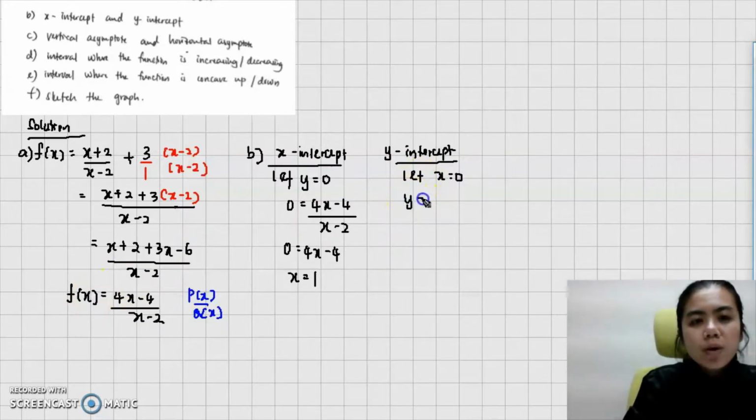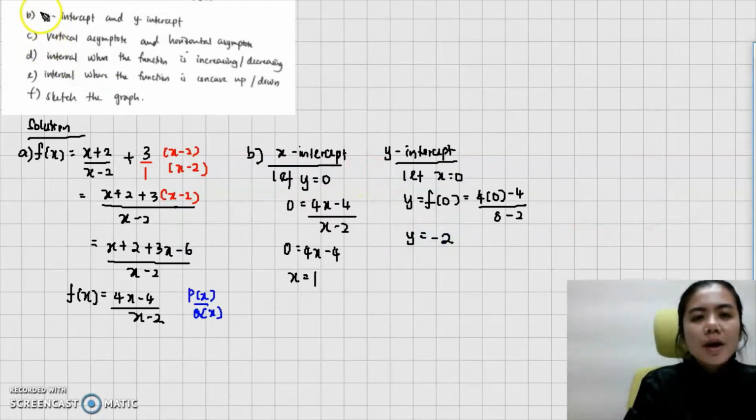So y equals f of 0, that is 4 times 0 minus 4 over 0 minus 2, so you end up with y equal to minus 2. Now that is part B, so go for part C. You need to find the vertical asymptote and horizontal asymptote.